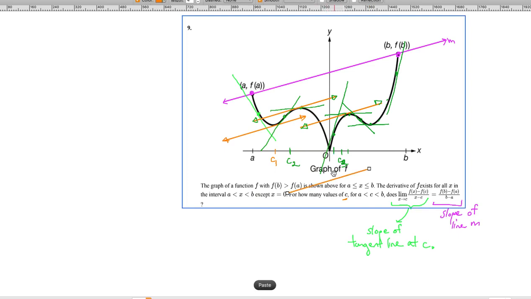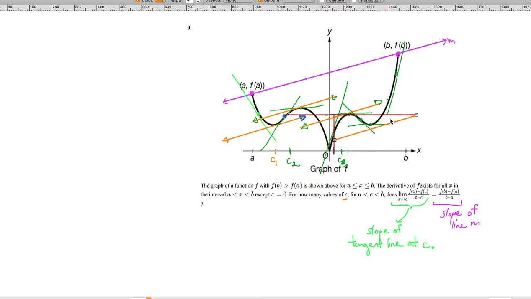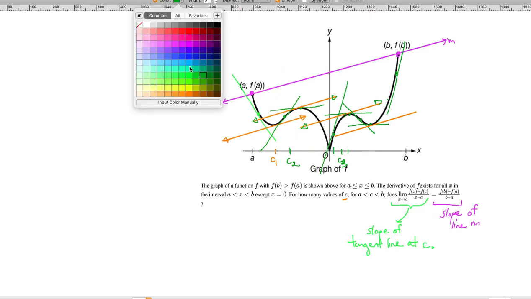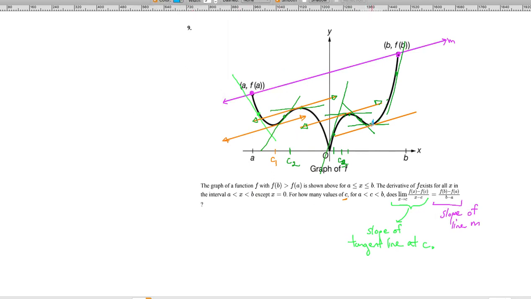So there's going to be some point, maybe right there, where I have some C4, where this value along x is C4. And there's going to be a total of 4 points, because after that, the slope is just greater. And you can see all 4 of these lines are parallel to the original secant line.